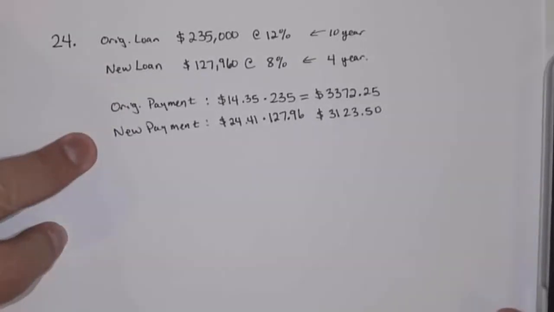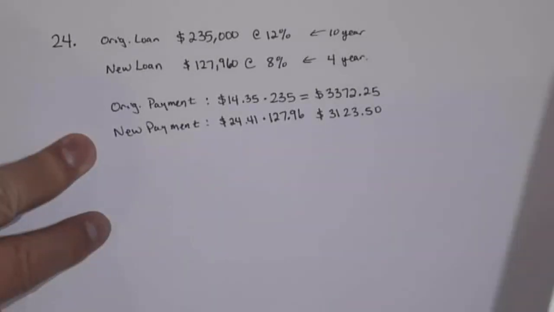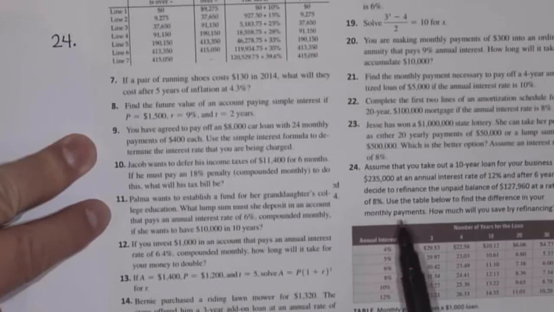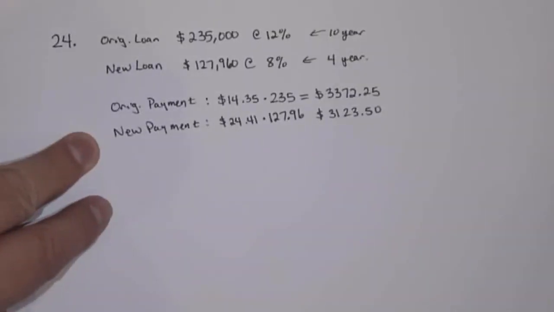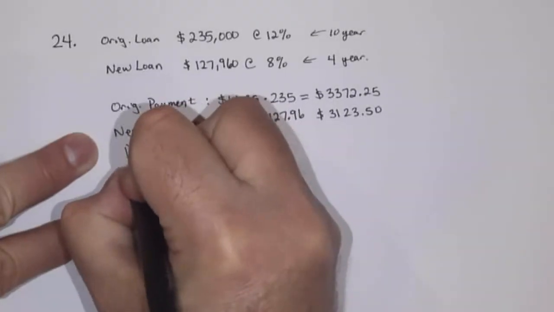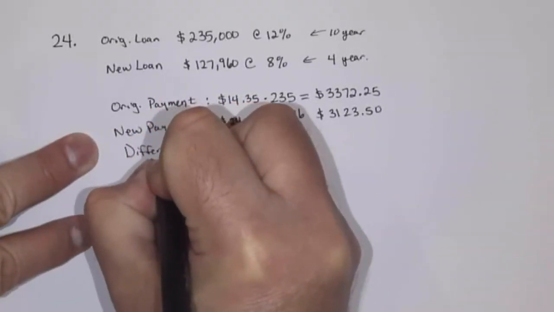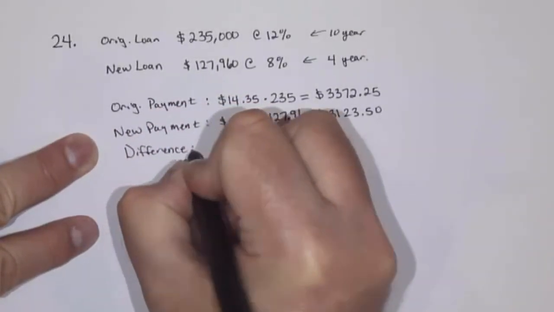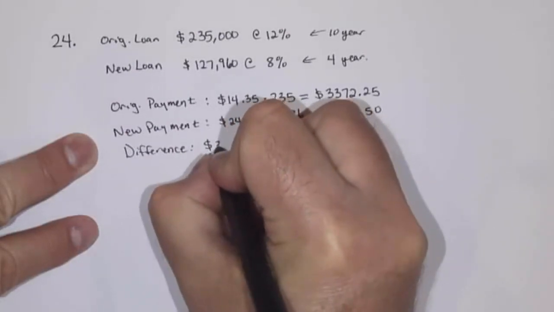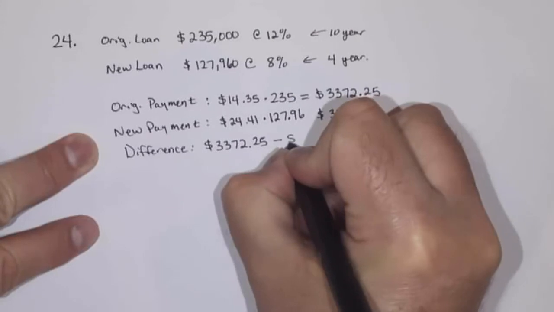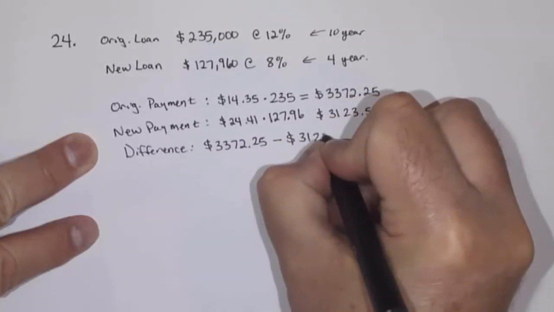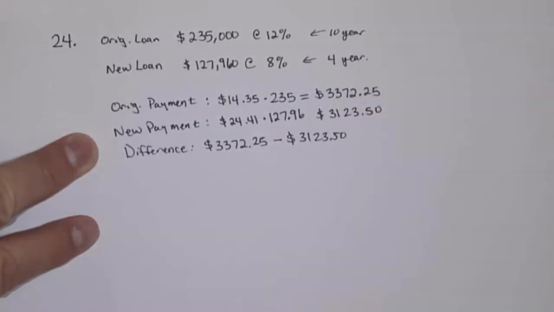So, again, our question was, use the table below to find the difference in your monthly payment, and then how much will you save by refinancing? So the difference is going to equal the $3,372.25 minus the $3,123.50.